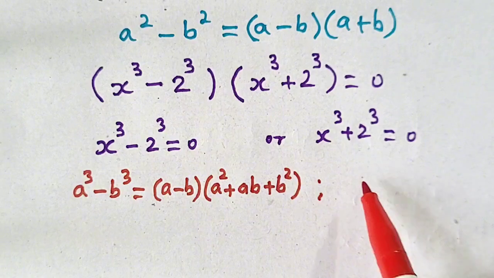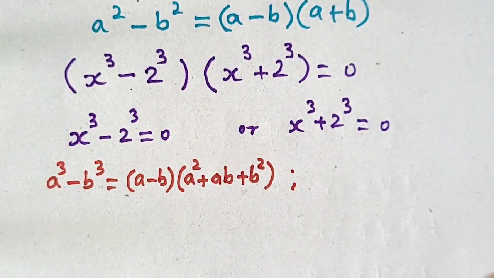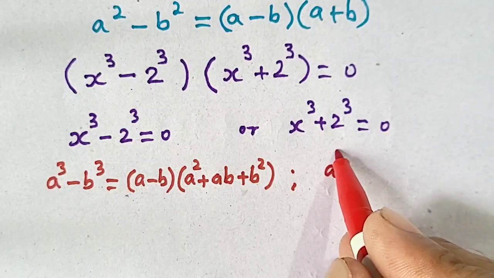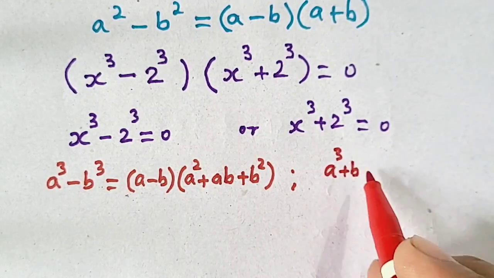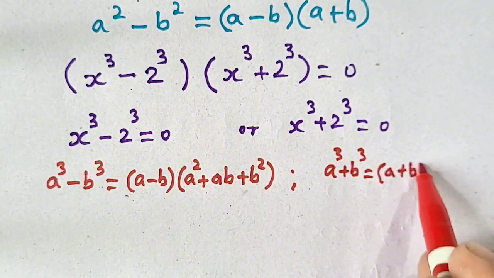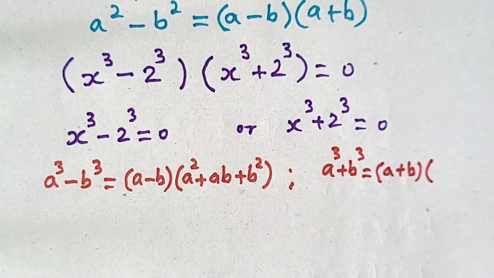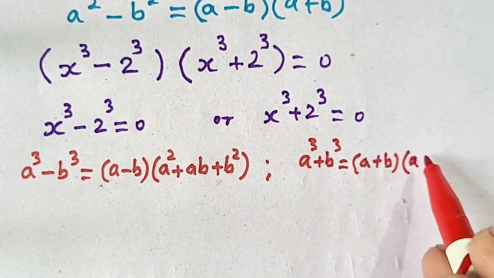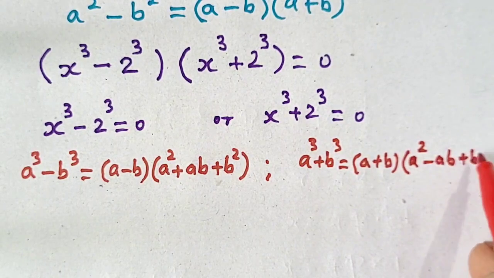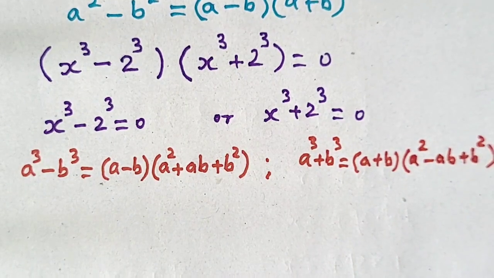Similarly, we can apply a formula here: a cubed plus b cubed is equal to (a plus b) times (a squared minus ab plus b squared).